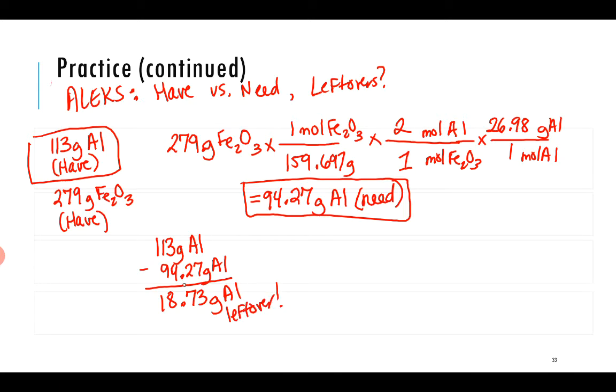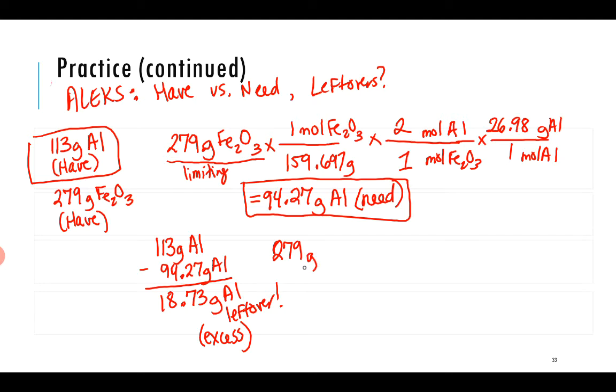And now that I know that aluminum is left over, that is excess. And so my mass of iron would be solely dependent on this quantity of iron oxide. And so then I would do the same math I did before in order to solve the problem.